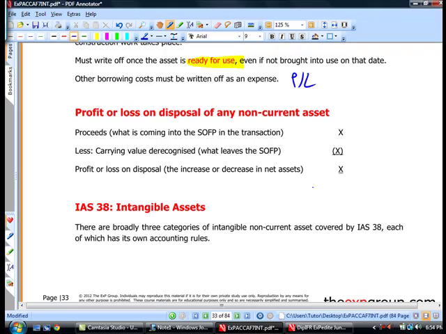So, in other words, the easiest way to remember it in the exam is what comes in to the statement of financial position, which is the cash that I'm receiving from the sale, and what goes out from the statement of financial position, and that is the carrying value of the asset. The difference between the two will be a profit or a loss, which will be reported in the P&L for the period.